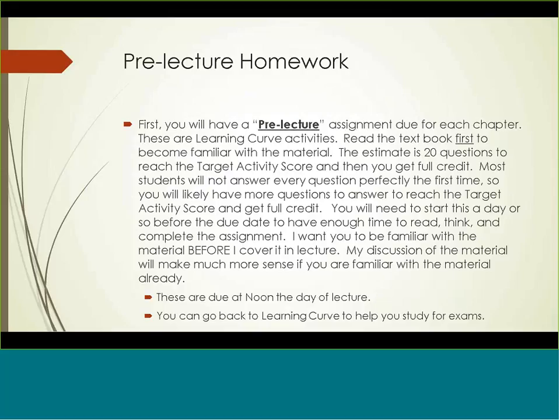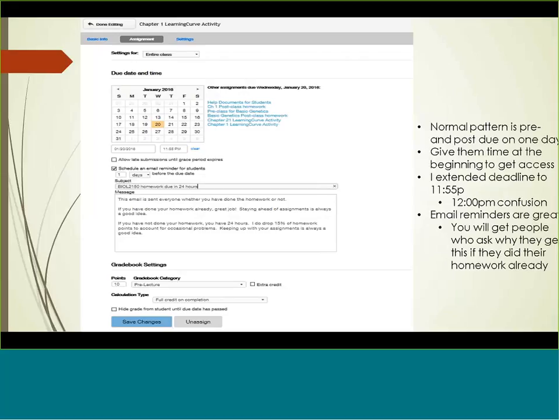And in learning curve, you have to reach a target score to get full credit. There's no partial credit. Again, the idea is I want them to be familiar with the material before I cover it in lecture, so that it makes sense, hopefully. It's due at noon, the day of the lecture, and then later they can go back to learning curve and get more questions, for example, to study for exams.